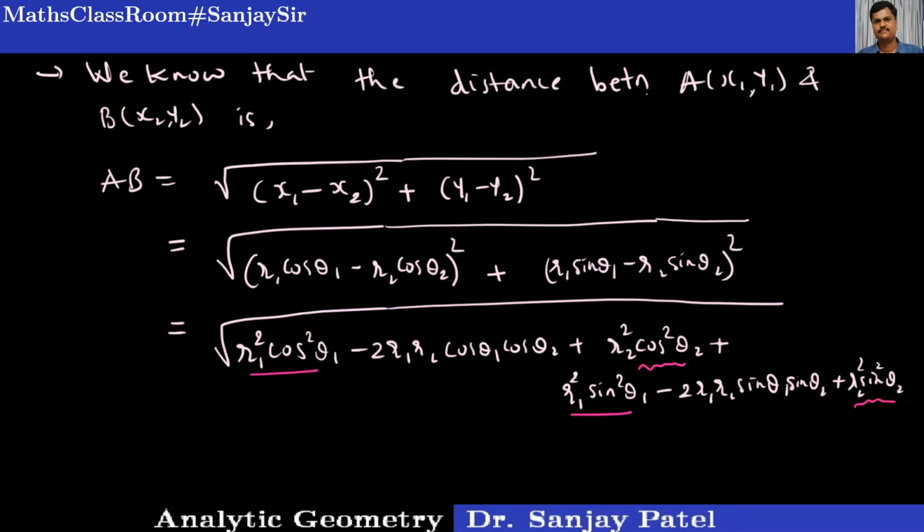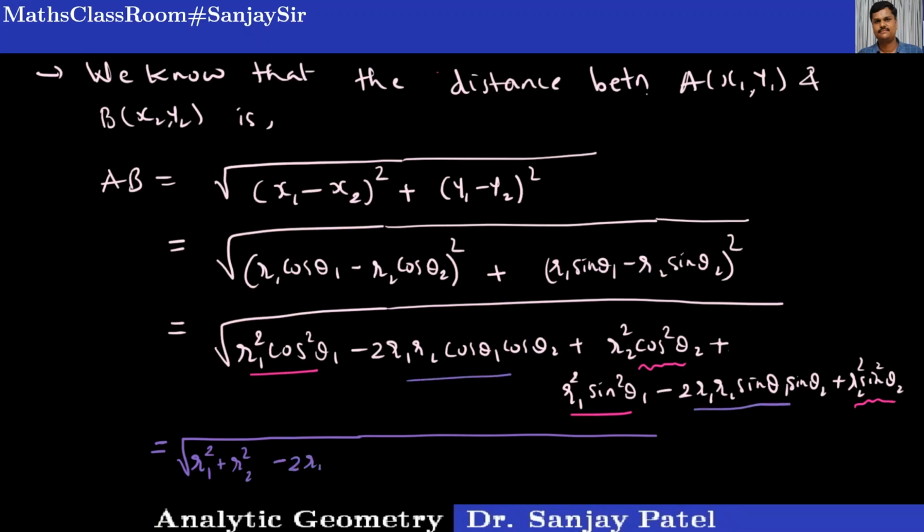So I can rewrite this as square root of r1 square plus r2 square, for those underlined terms, and for the remaining terms, I can take minus 2 r1 r2 common, and what remains in the bracket is cos theta 1 cos theta 2 plus sin theta 1 into sin theta 2.